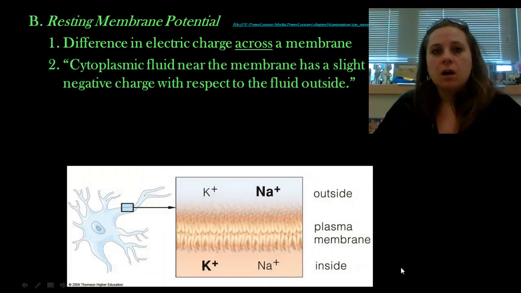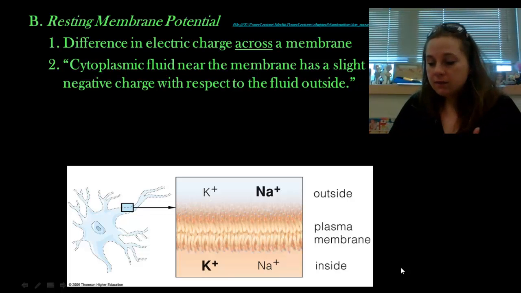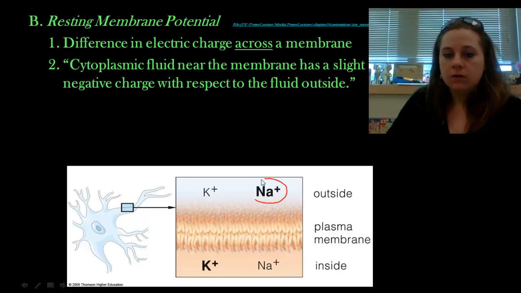So the cytoplasm that's near the membrane has a slightly negative charge with respect to the fluid that's outside. And in the case of our neuron, it is highly concentrated with sodium ions outside and way more highly concentrated with potassium inside.